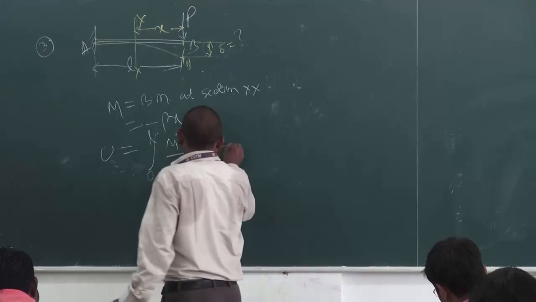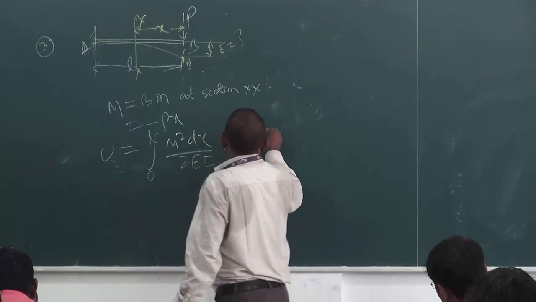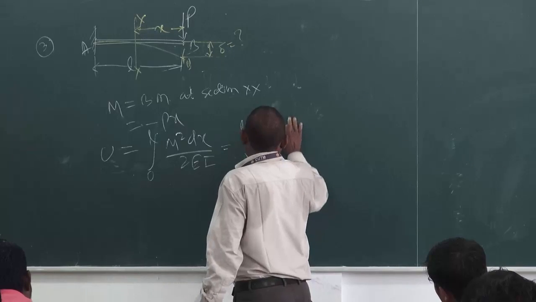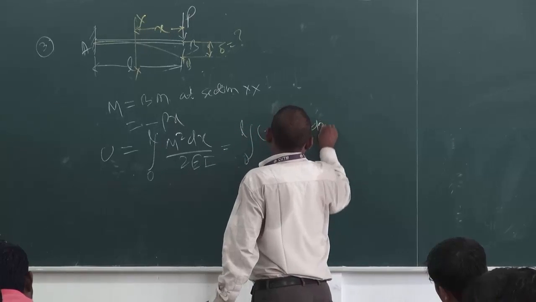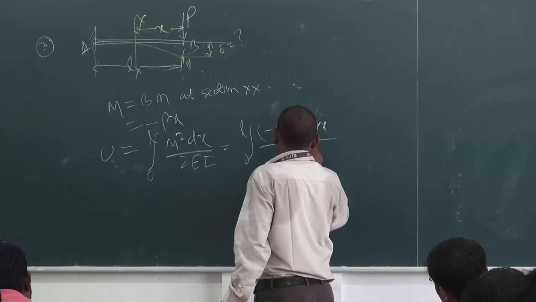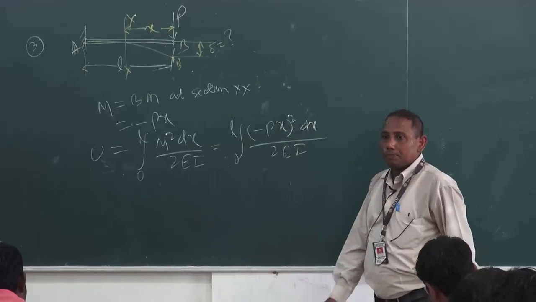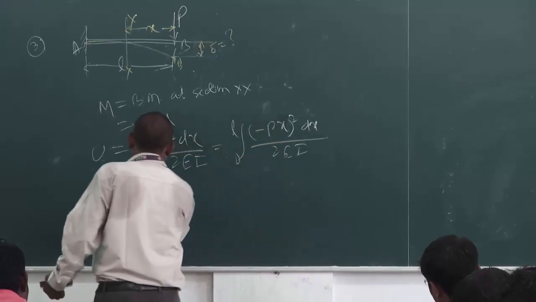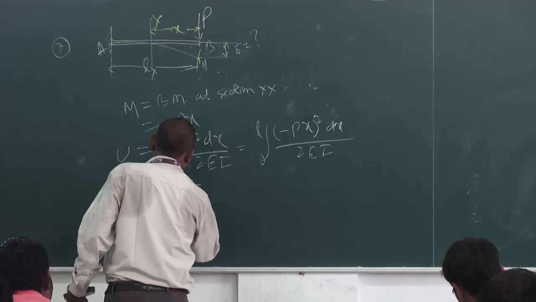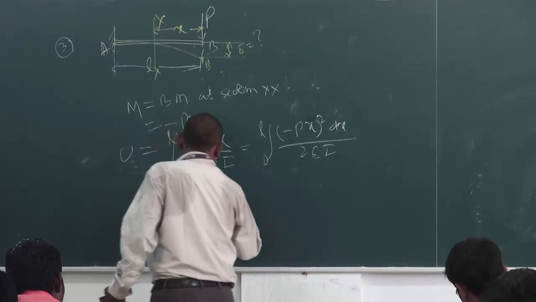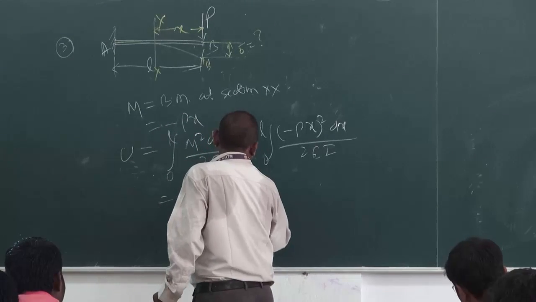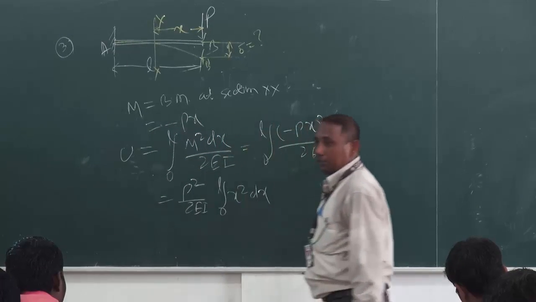And this value is equal to integration from 0 to L of (minus Px) whole square dx by 2EI. And this is equal to P square by 2EI into integration from 0 to L of x square dx.